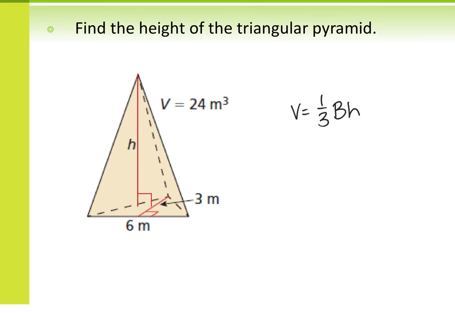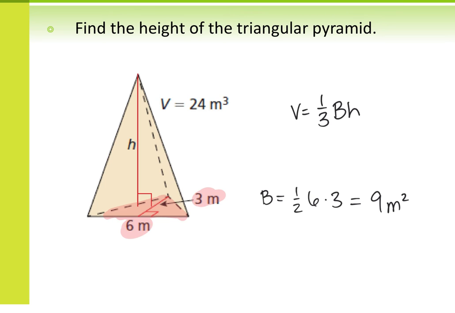Christian? It's 9. It's 6 times 3 times a half. So the area of my base, which I'll highlight in red, is this guy right here, which is going to be 3 times 6 times a half. So it's going to be 1/2, 6 times 3, which will give me 9. So we have 9 meters squared as our base.